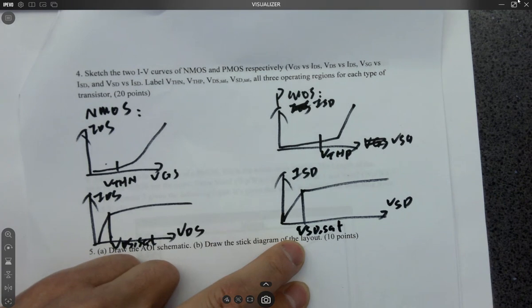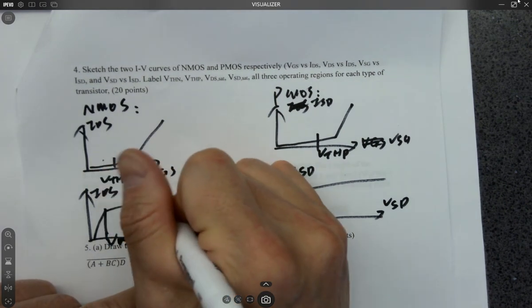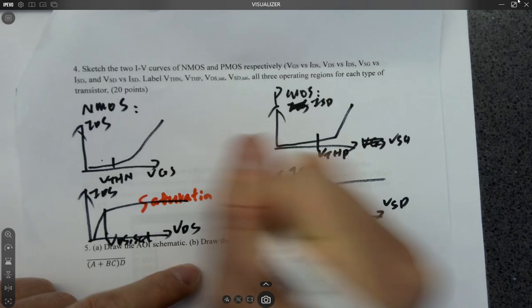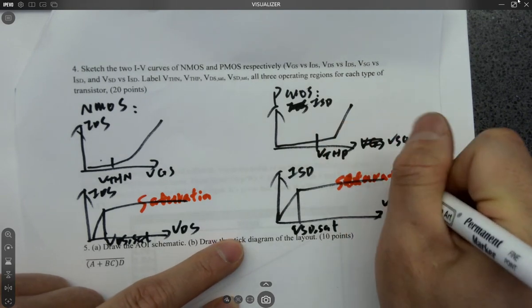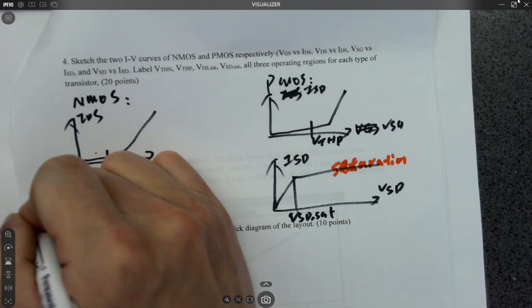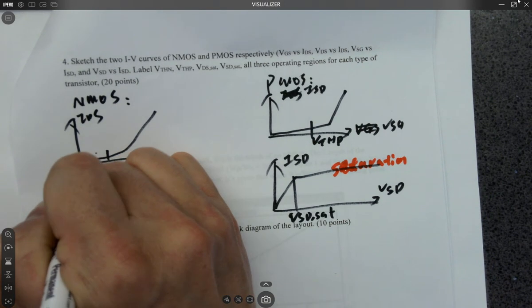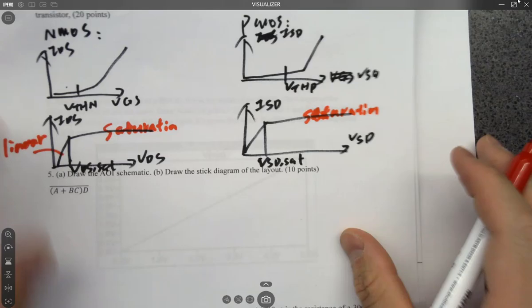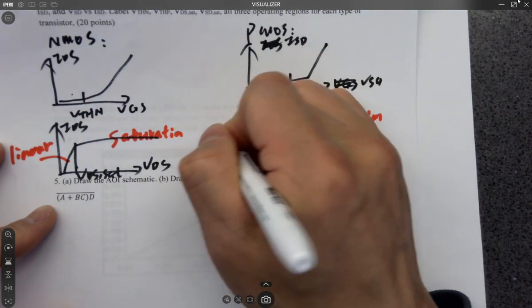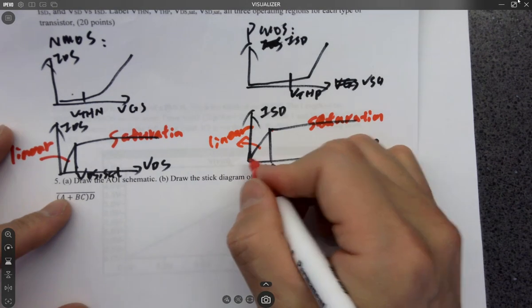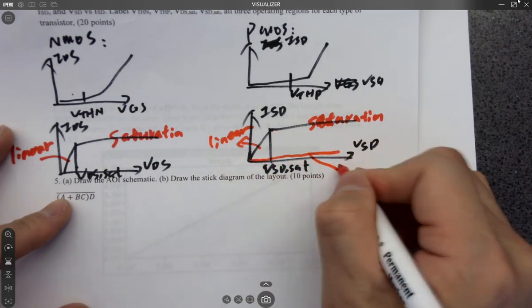And for the regions, that's saturation. And that's linear region. Why is it linear? You can tell it's linear, almost. And then here's a cutoff region here.